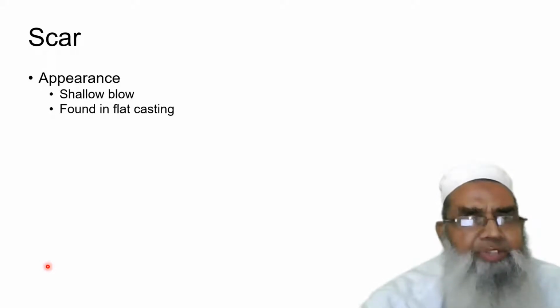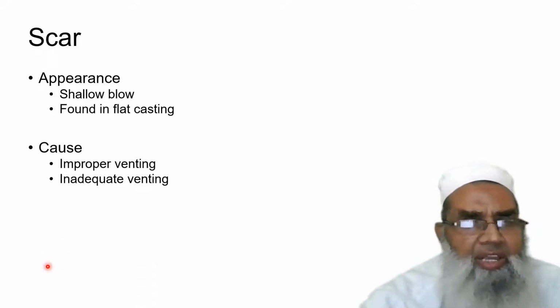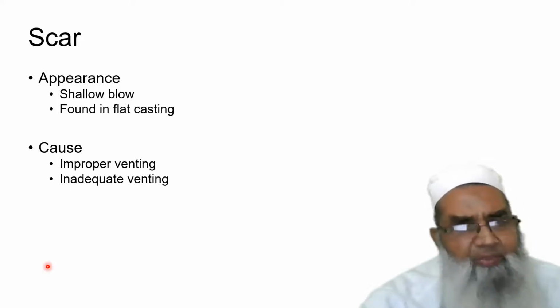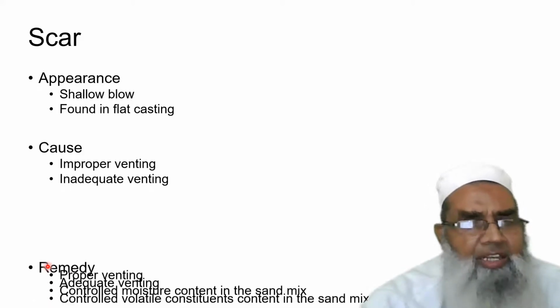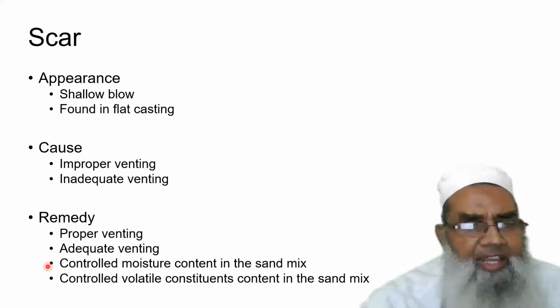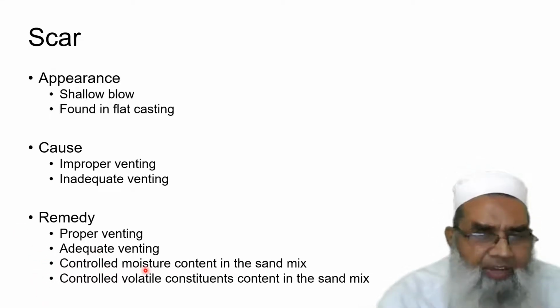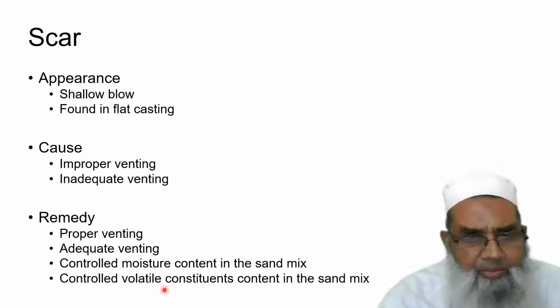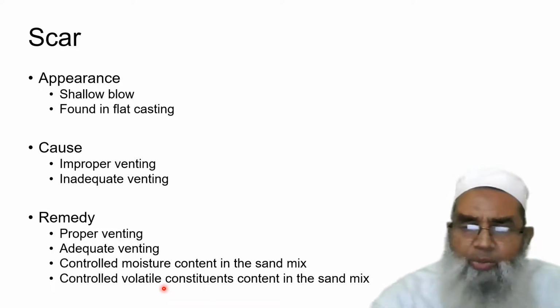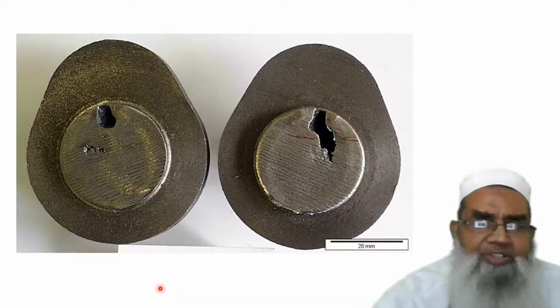It is a type of shallow blow found in a flat casting. Now the causes may be improper or inadequate venting, and therefore the remedy accordingly should be proper, adequate venting, and control of moisture content and volatile constituents as it was there in the blow. The similar type of casting is there.